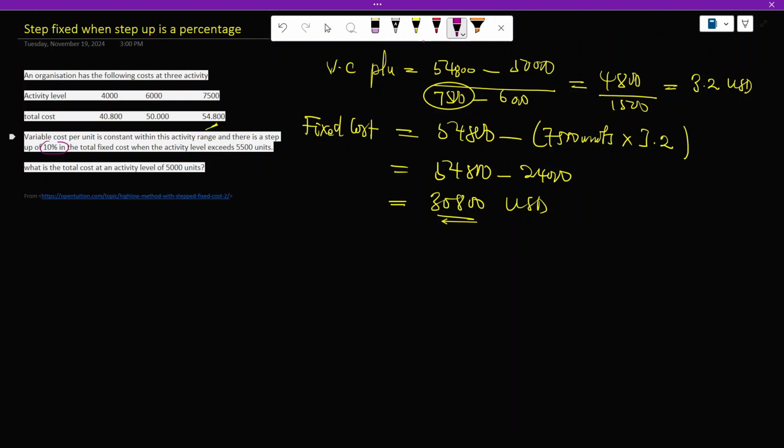Okay. But the question went on to say that there is a step up in the fixed cost of 10%. So this 30,800 includes a 10% step up in the fixed cost.